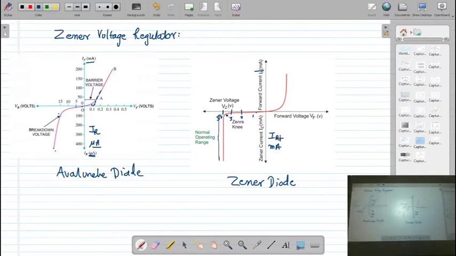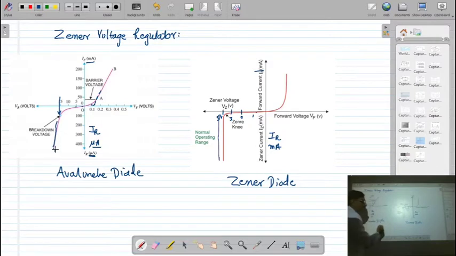Then the second difference: after the breakdown voltage, the current also increases in an avalanche diode, but it is not a sharp breakdown. Here you have some kind of a curve.